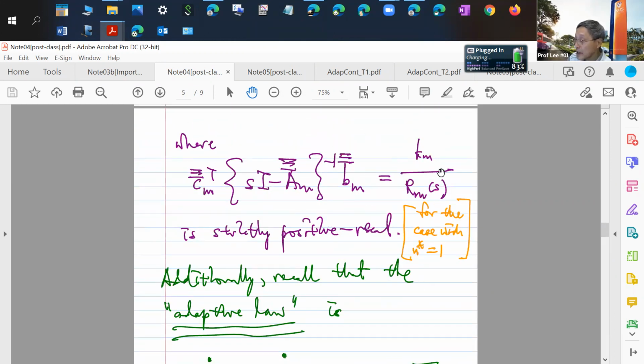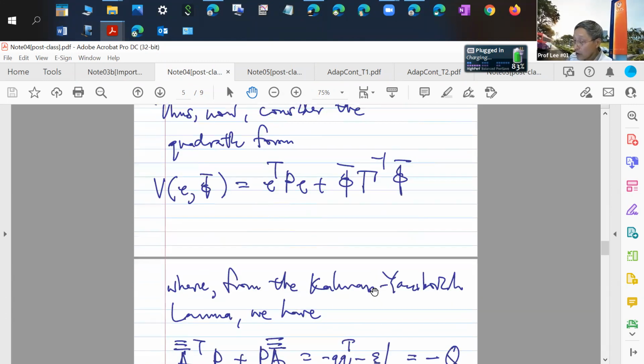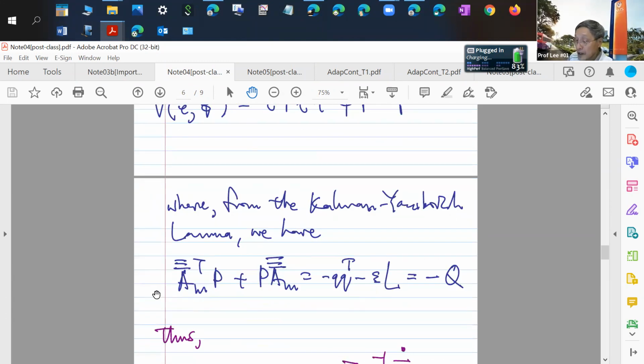This system is strictly positive real. So by the Kalman-Yakubovich lemma, the stability matrix obeys the Lyapunov equation, A_M triple bar transpose P_P A_M triple bar equals minus Q essentially, but can be decomposed more finely. That's the first part.